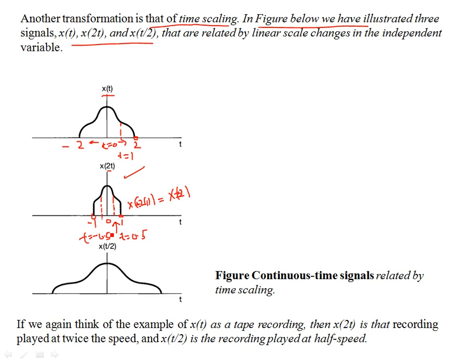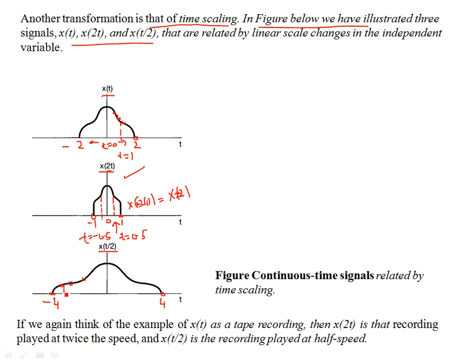At every point in time, whatever is the value of the signal x(t) has to be played at twice the speed if the transformation is x(2t). Similarly, if the transformation is x(t/2), then if you can guess this right, this will be t equal to 4, and this will be t equal to minus 4. That simply means every point in time on the signal is stretched by a factor of 2.